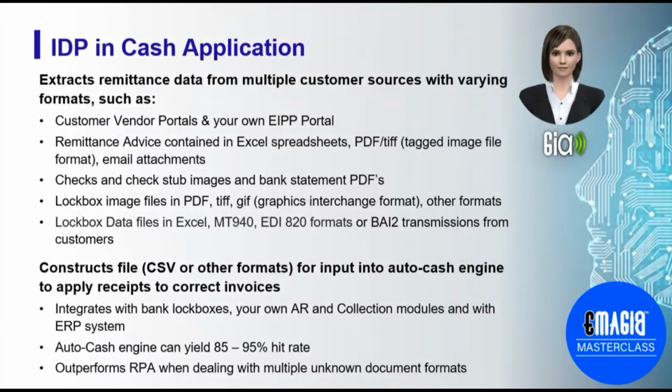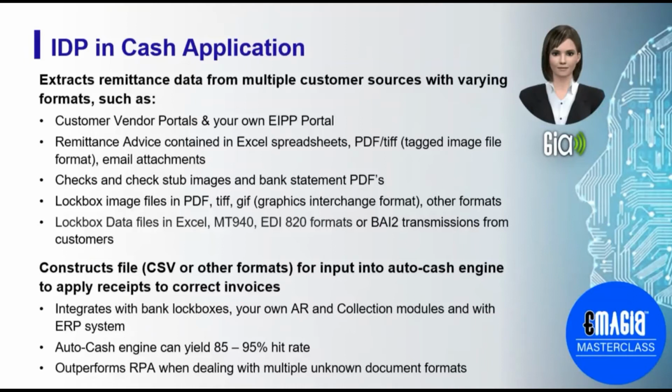And as I mentioned earlier, remit data comes in from all different sources: vendor portals, your own portal, remit advice that's emailed to you, sent in an Excel spreadsheet, whatever, different files, PDF, TIFF files, GIF files, Lockbox images, Lockbox data files, just a wide range of formats and modes for transmitting remit data.